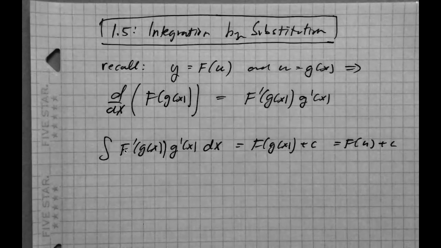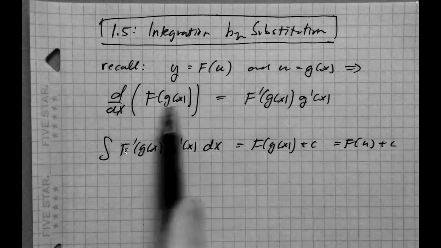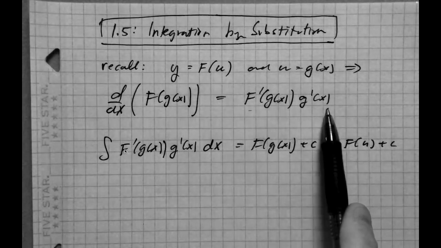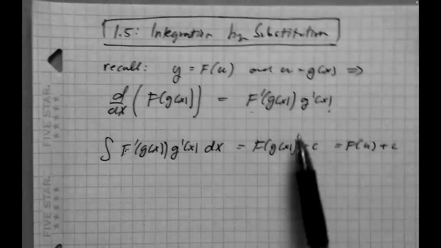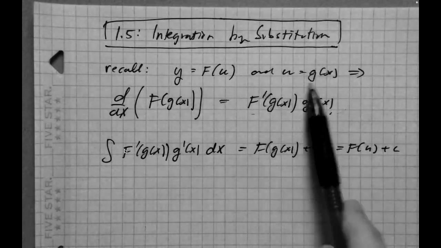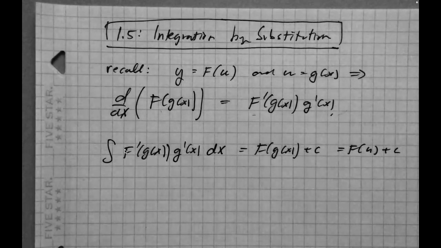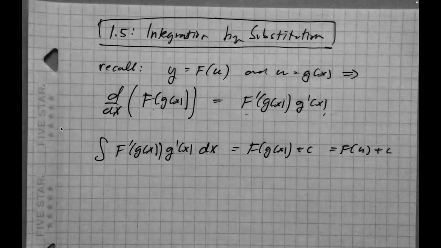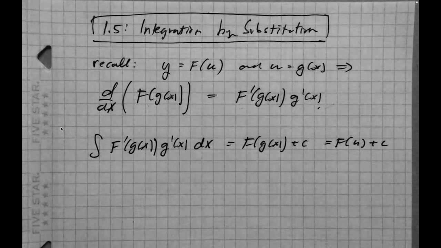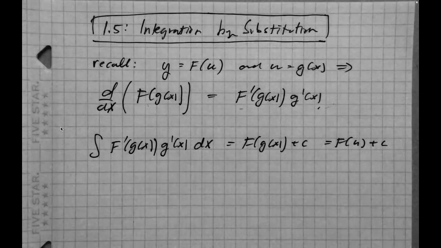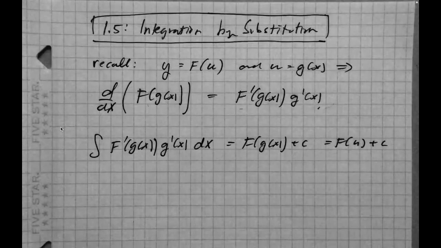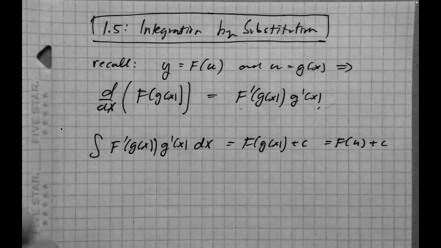So the derivative starts with this and gets you here, and then from the fundamental theorem of calculus, we know that we can integrate this and get back to the original, right? That's the inverse nature of these two operations, integration and differentiation. So let's take this as the starting point for integration by substitution, and let's look a little bit closer.